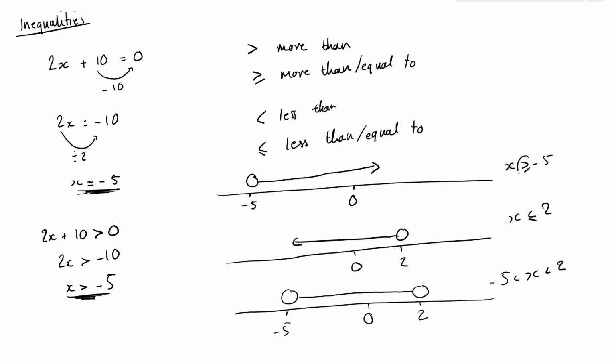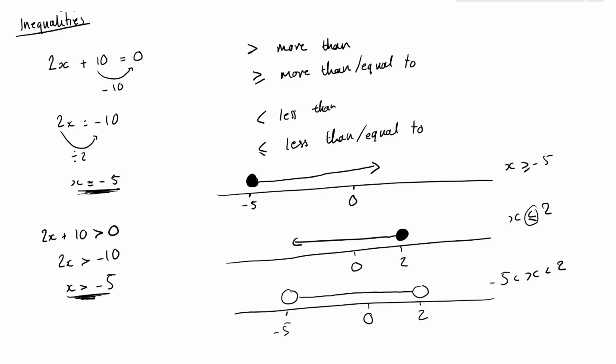As soon as we add this or equals to symbol, this becomes a shaded circle, because the value can now take -5, -4, -3, -2, and so on. It would be the same for this symbol. This would become colored in, so the set of values would be 2, 1, 0, -1, -2, and so on.